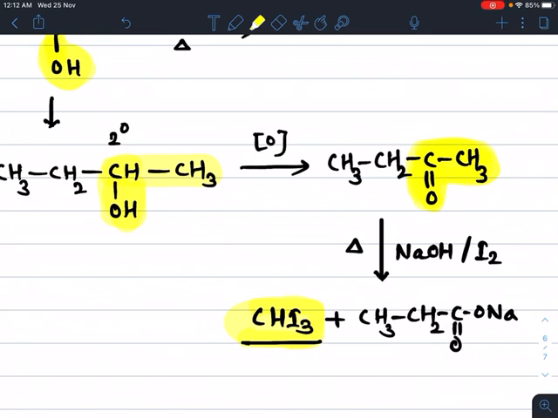So we get the yellow precipitate of iodoform. The CH3 group present in this methyl ketone group is finally converted into iodoform.